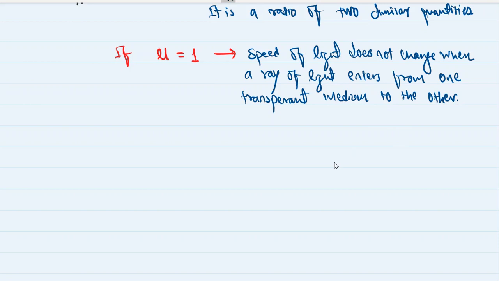When the ray of light enters from one transparent medium to the other, the speed of light does not change, and that is the meaning of refractive index being 1.